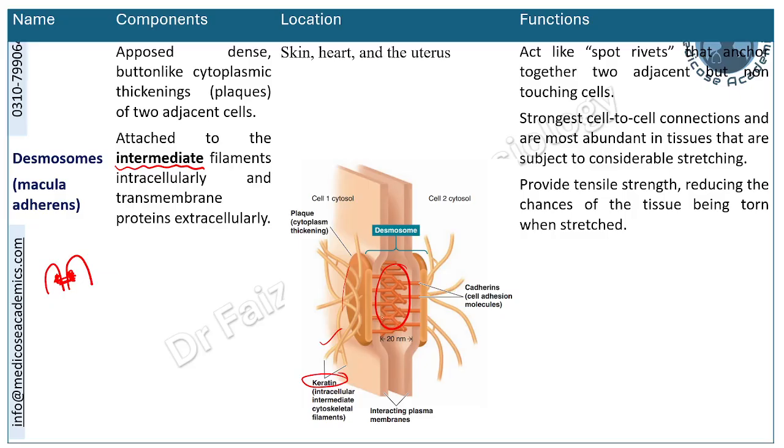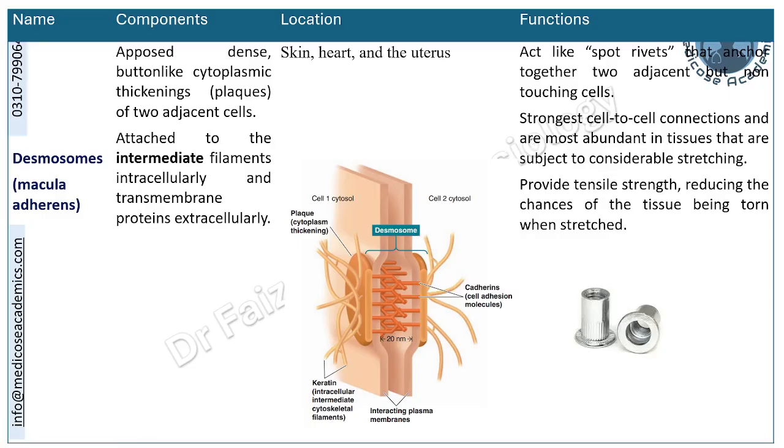Now, what is the function of these desmosomes? They act as the spot rivets, like these screws fitting into one another and providing a strong sort of attachment. These desmosomes are doing the same to these neighboring cells.